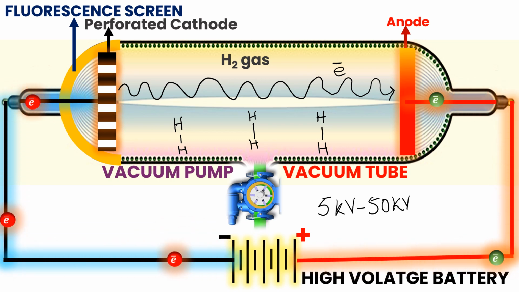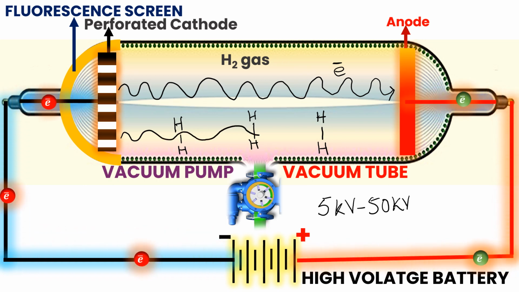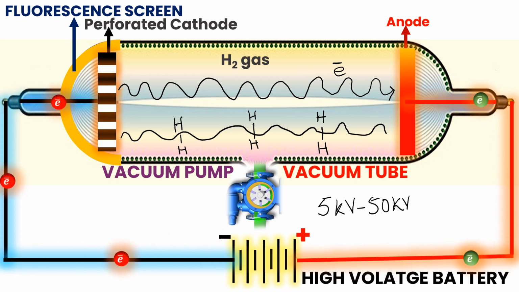Now Goldstein noticed that when the cathode rays move from the perforated cathode toward the anode, due to high energy, they will break the bond between the hydrogen atoms.